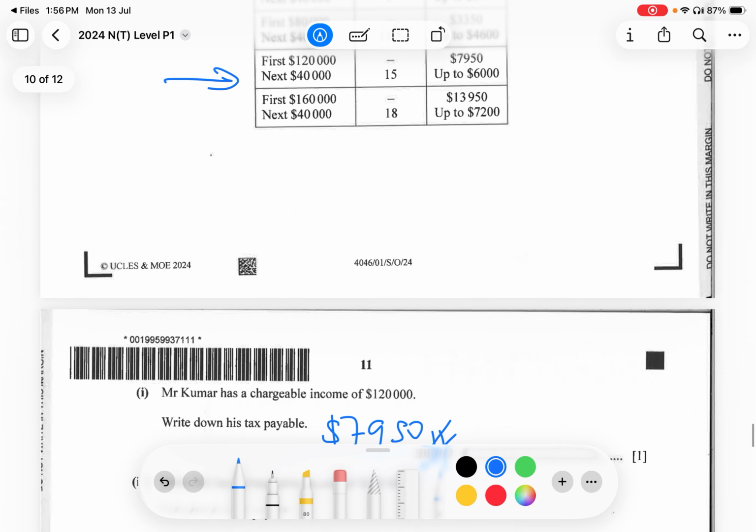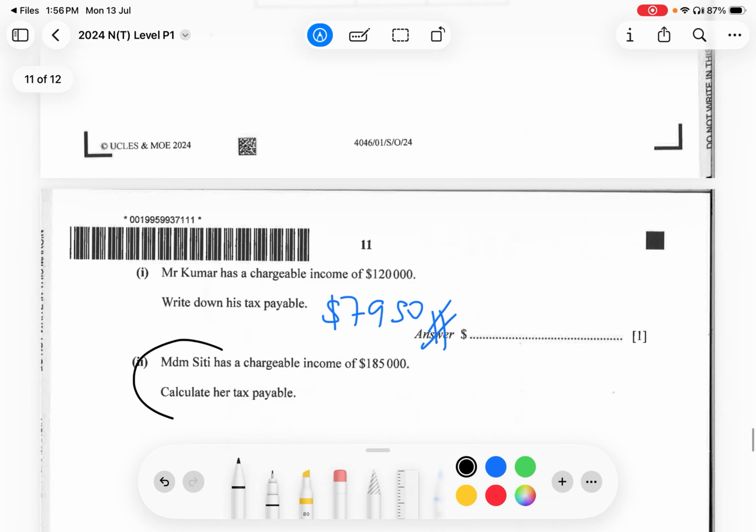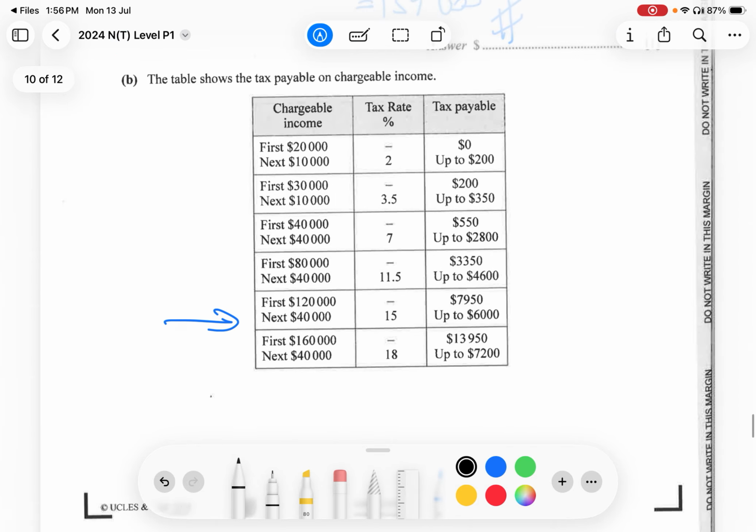So her tax payable is here for Mrs. Madam City. Her chargeable income is this amount. Her income should be around here.